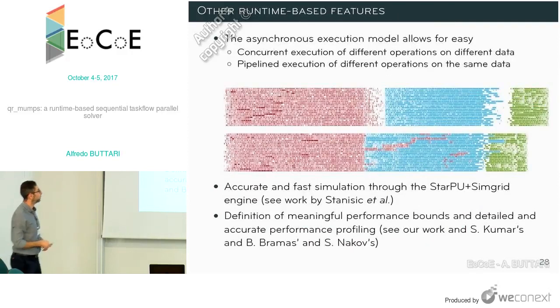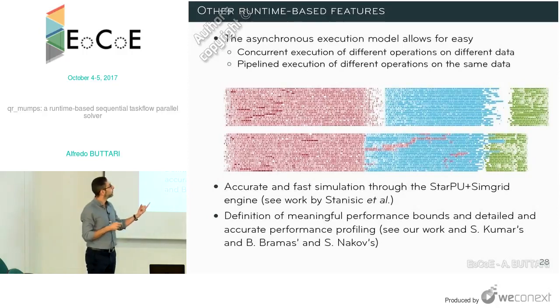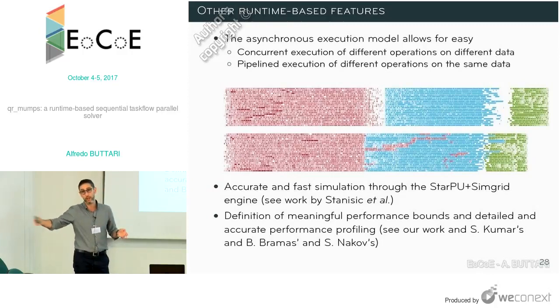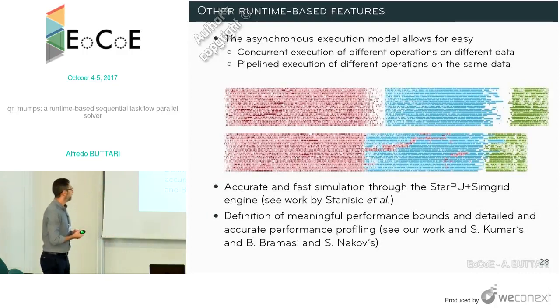And then there are a number of other features, like for example, as I said, submission of tasks is asynchronous, so that basically means that I can submit tasks for the factorization of 3 matrices, and the 3 factorizations will be pipelined. So the second factorization starts before the first one is finished. And then, performance analysis.